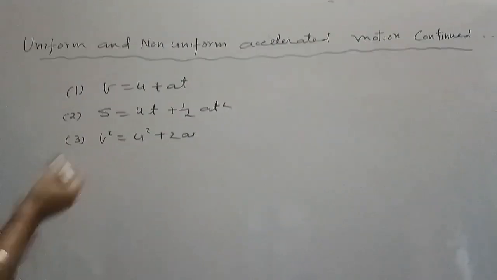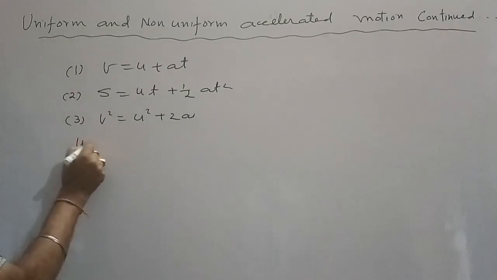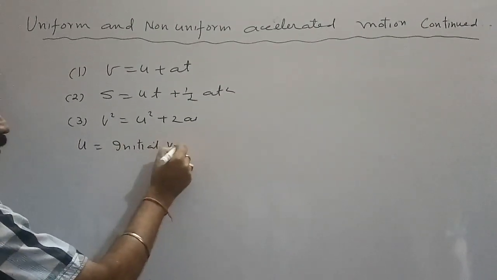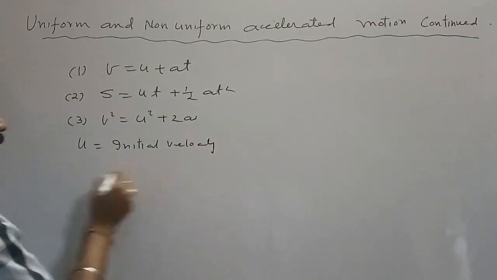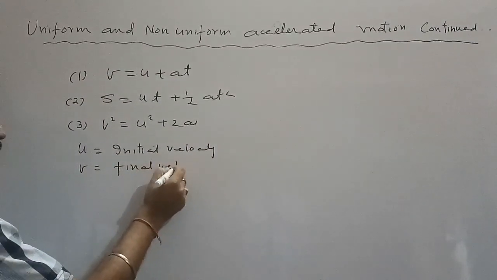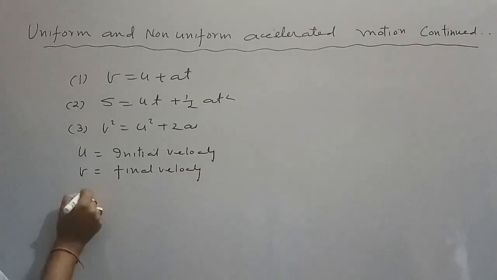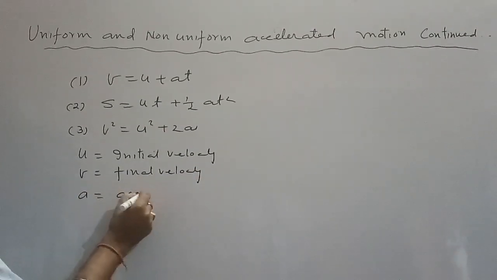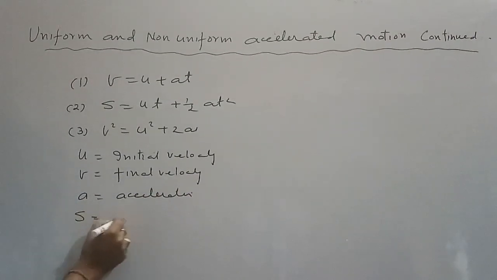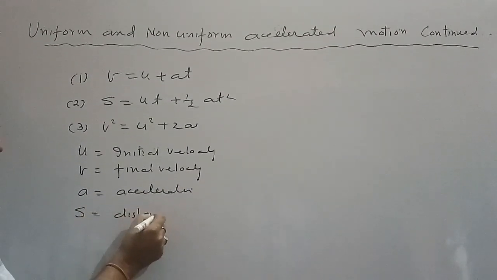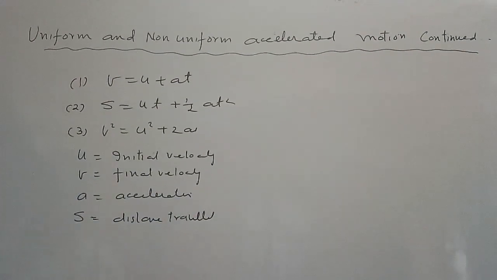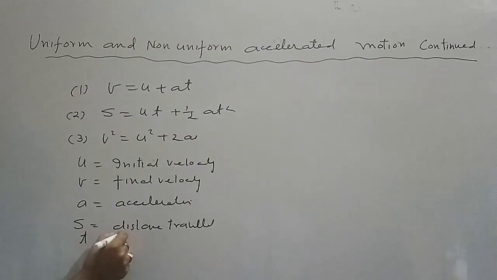In these equations of motion, U represents the initial velocity of the body, V represents the final velocity of the body, A represents acceleration, S represents distance traveled, T represents time.